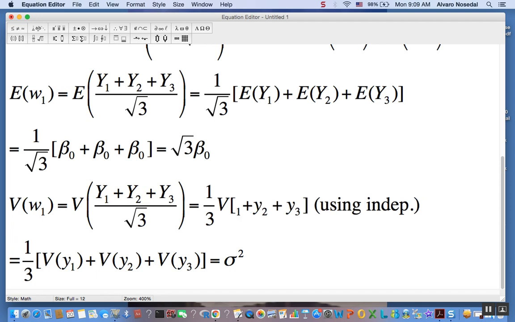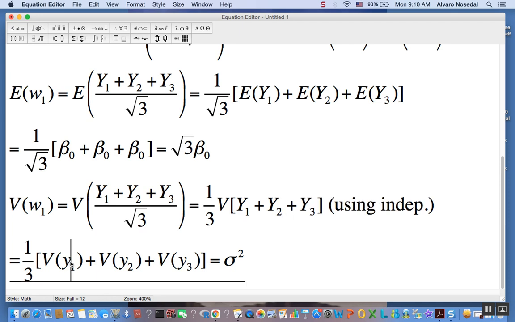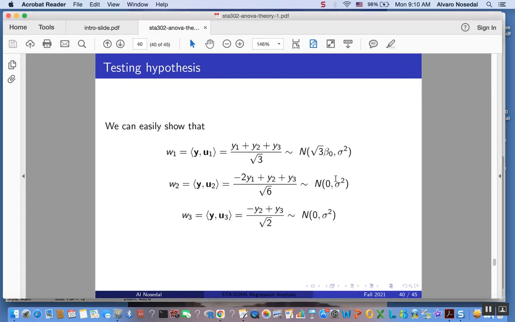It's just a matter of being consistent: we use uppercase letters for random variables and lowercase letters for observed values. Anyway, what we have here is this: W1 has a normal distribution with that mean and that variance.